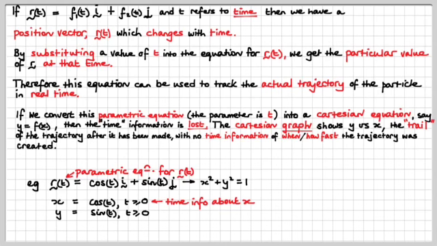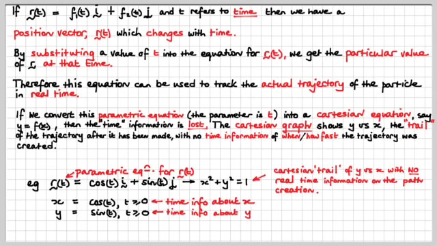And this is the time information about x, and that is the time information about y. And the Cartesian trail of y versus x with no real-time information at all is this baby here, x squared plus y squared equals 1. All you can see is the line of where it's been, not where it started, not its trajectory, not anything else, but just the snail trail of where it's been.